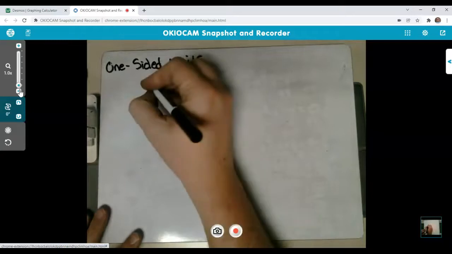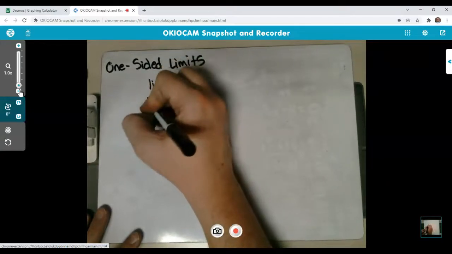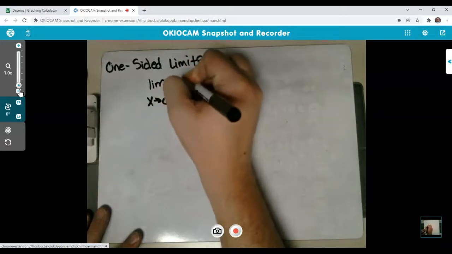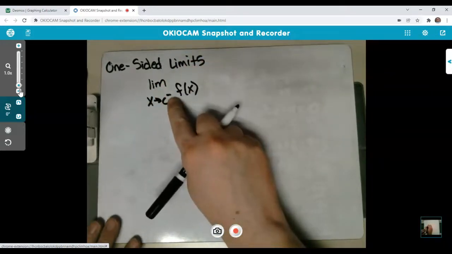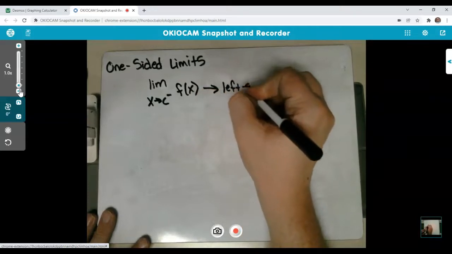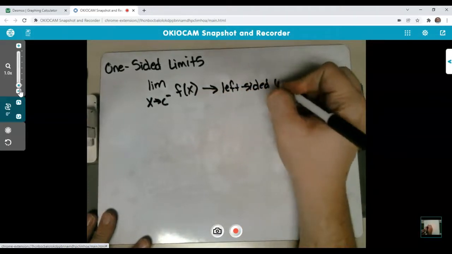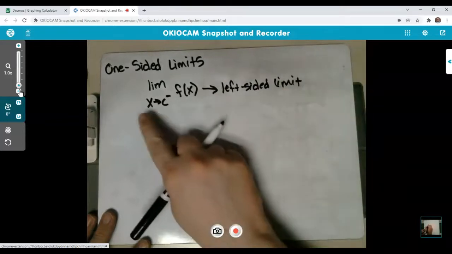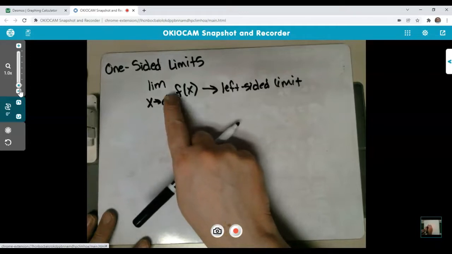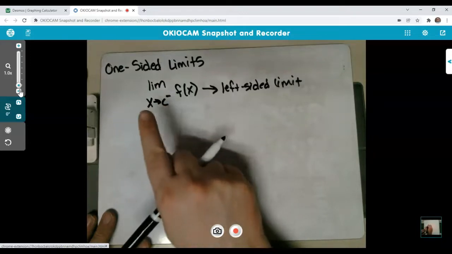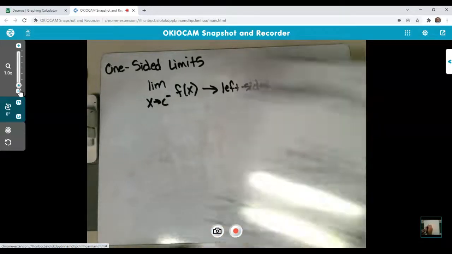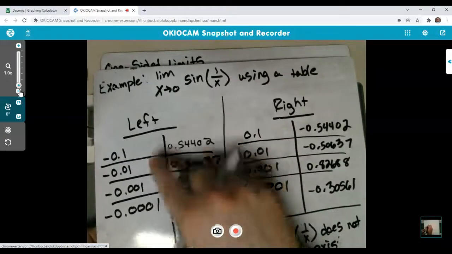If you see this, the limit as x approaches a number with a minus sign, that means all I want is the left-sided limit. So this means as x gets really close to c from the left. So I'm only looking at what happens from the left. This means on the table, I would only do this left part right here.